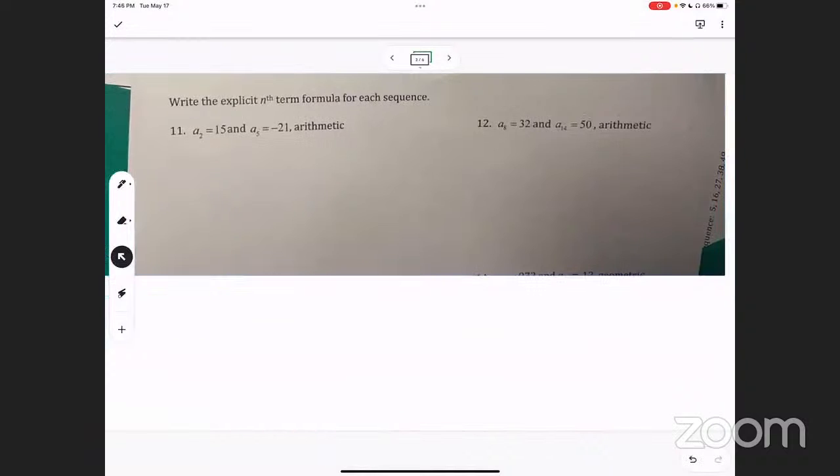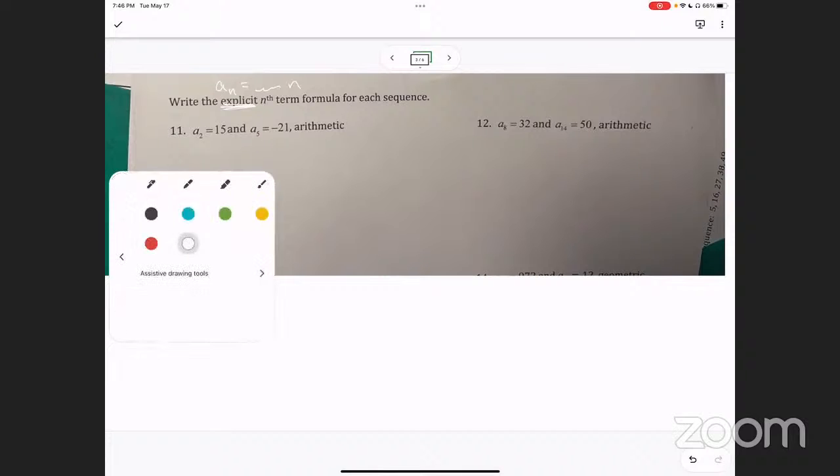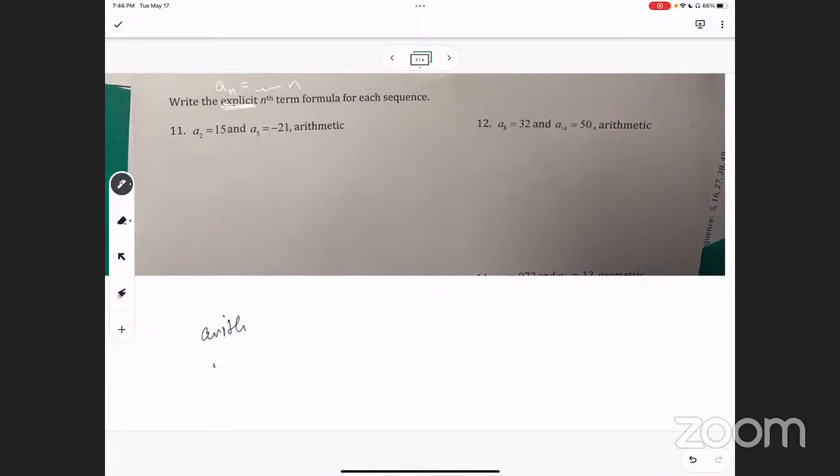Right? An explicit nth term formula. An explicit formula is the opposite of a recursive formula. This is where you define a sub n based upon n, not a sub n minus 1. This is where those formulas come in really handy. For an arithmetic sequence, the formula was a sub n equals the first term plus d times n minus 1.